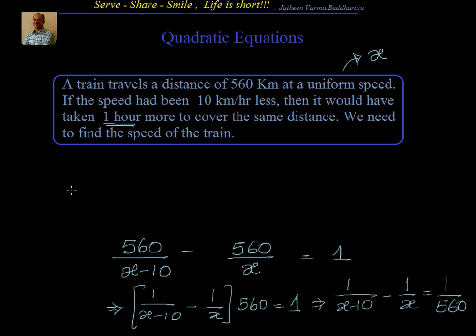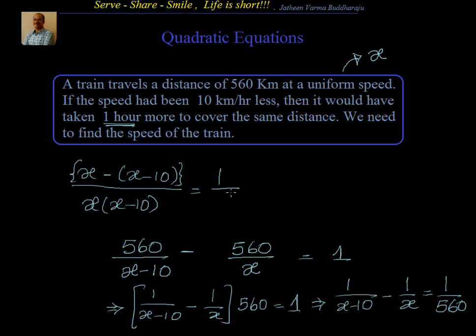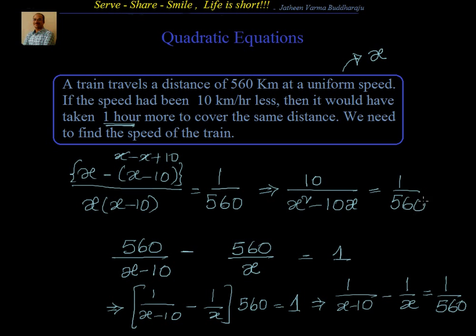If you take LCM, you will have x into x minus 10 in the denominator, and we'll have x minus of x minus 10 in the numerator, equal to 1 by 560, which is nothing but 10, because x minus x plus 10, x will cancel. So 10 by x into x minus 10, which is x square minus 10x, equal to 1 by 560.